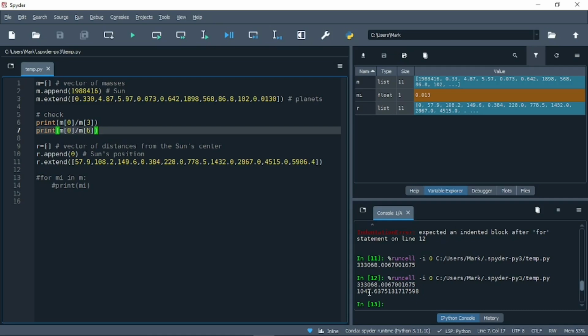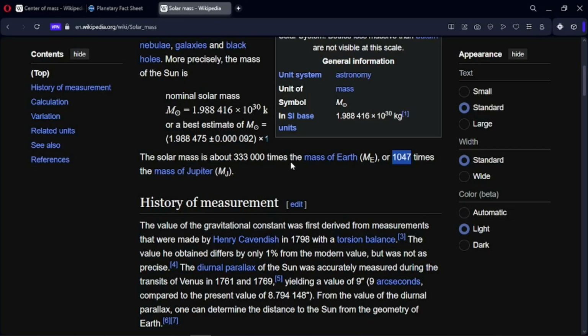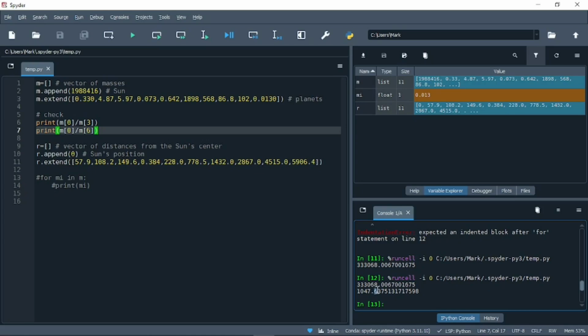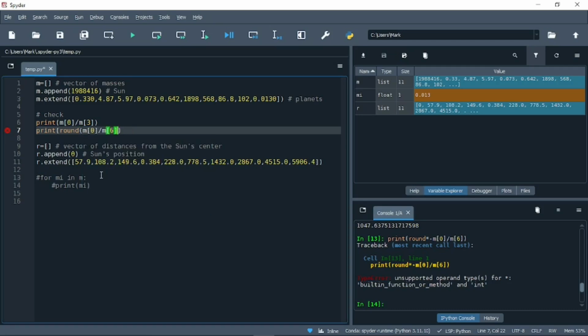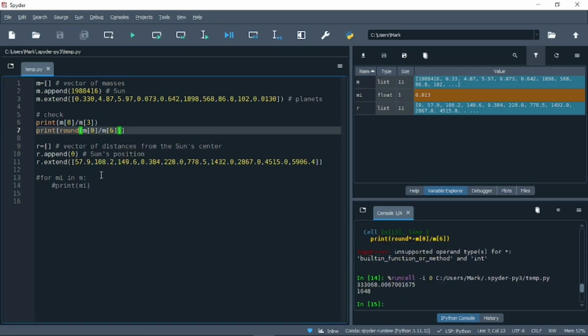If we run the code, it's about 1048. If we round in this way, it's 1048.